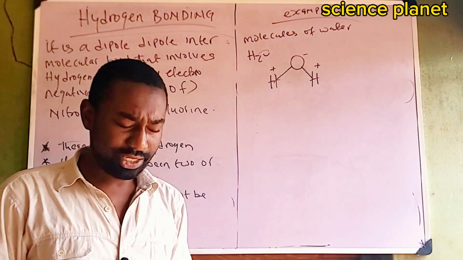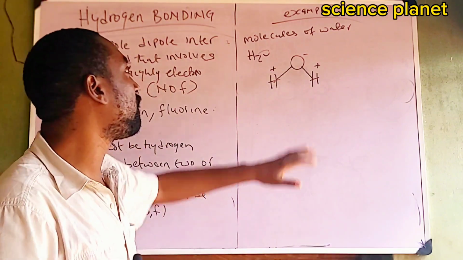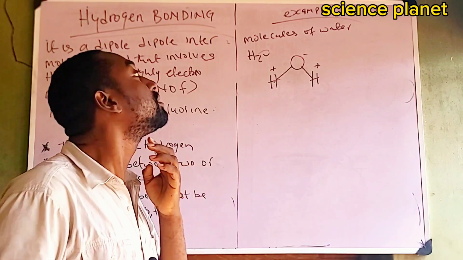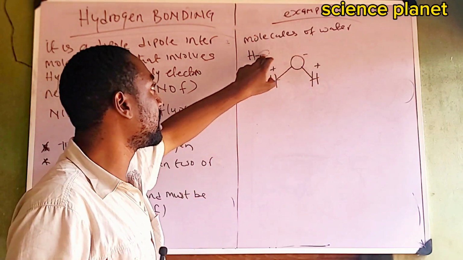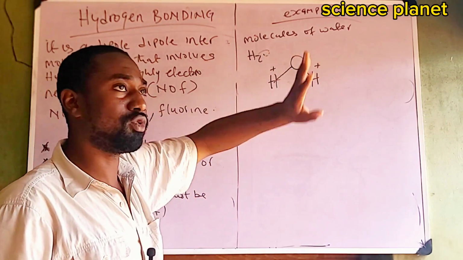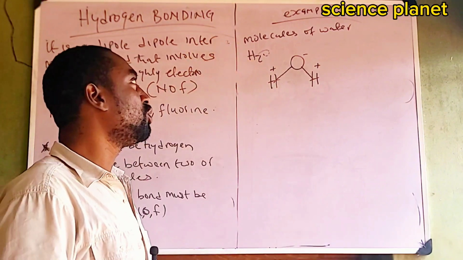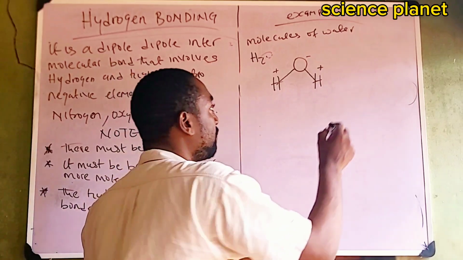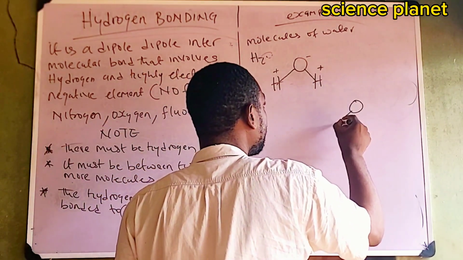A molecule of water is not hydrogen bond. A molecule of water is covalent bond. Remember, in our last class, we treated covalent bond, and a molecule of water is held together by covalent bond. But when a molecule of water is attracted to another molecule of water, for example, you have another molecule of water here.